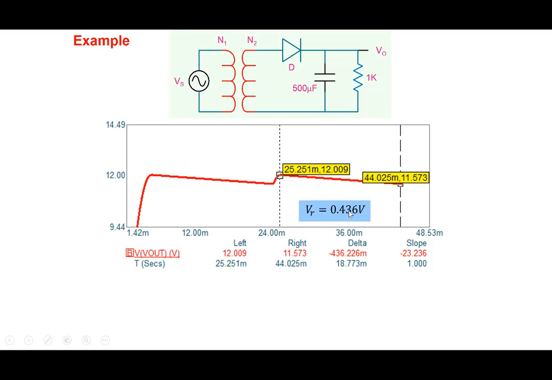Earlier it was close to 2. And our expression gives us 0.48, reasonably close to this value. Okay, so that's the way to control the ripple, basically the capacitor. And if you have freedom to choose the load resistor also, then one can play around with that too.